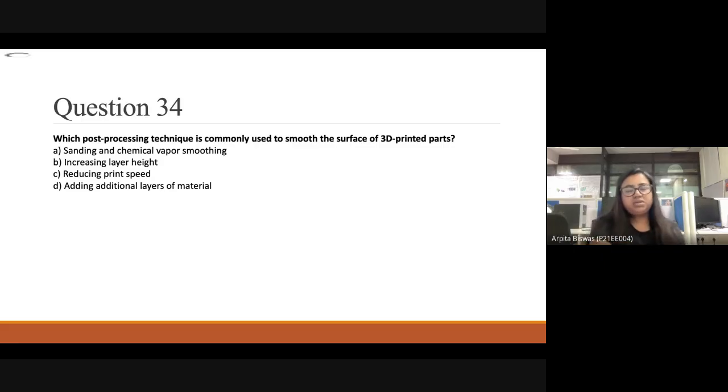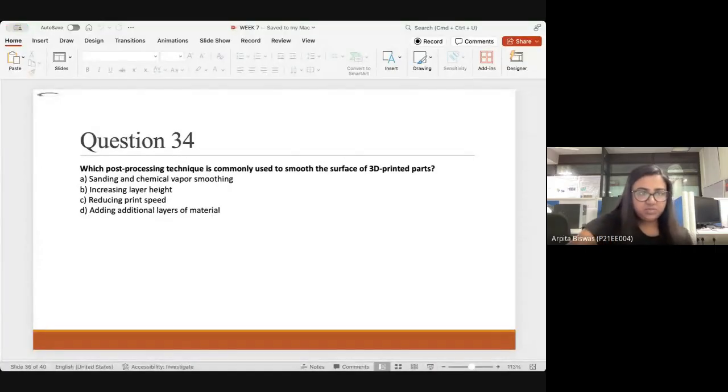Okay. So next question number 34. Which post-processing technique is commonly used to smooth the surface of 3D printed parts? First option is sanding and chemical vapor smoothing, then increasing the layer height. The next option is reducing the print speed, and option D is adding additional layers to the material. So please try to solve this question.